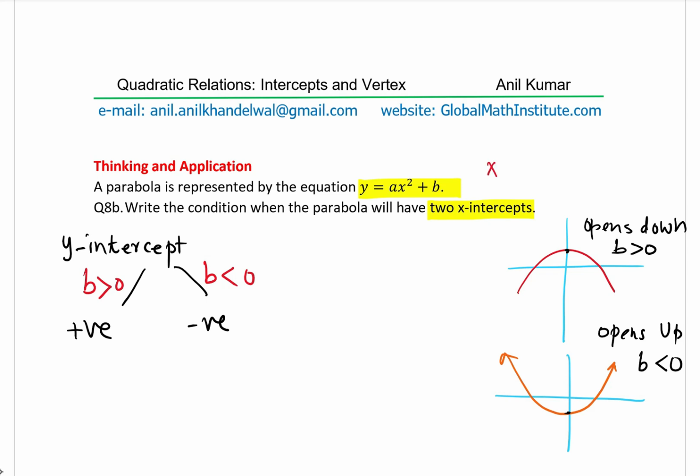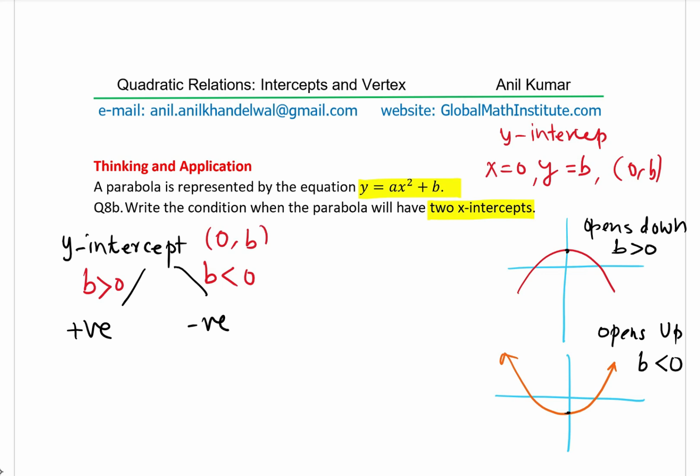If x equals to 0, y equals to ax squared. Do you see that? Oh, sorry. If x equals to 0, y equals to b. So that is the y-intercept. So you could write this as (0, b). Correct? So y-intercept is (0, b).